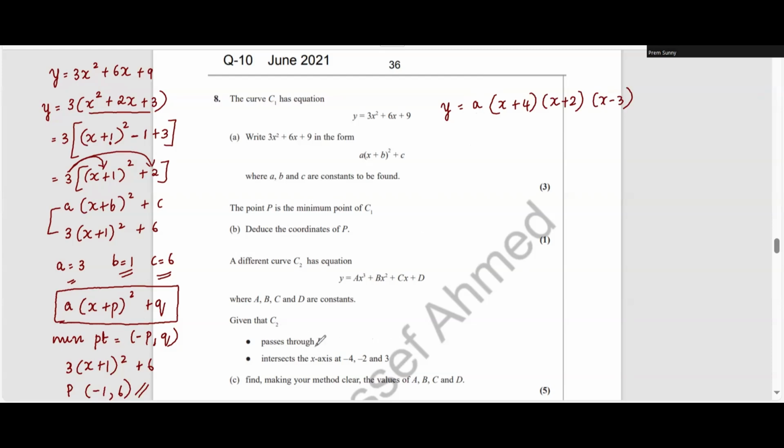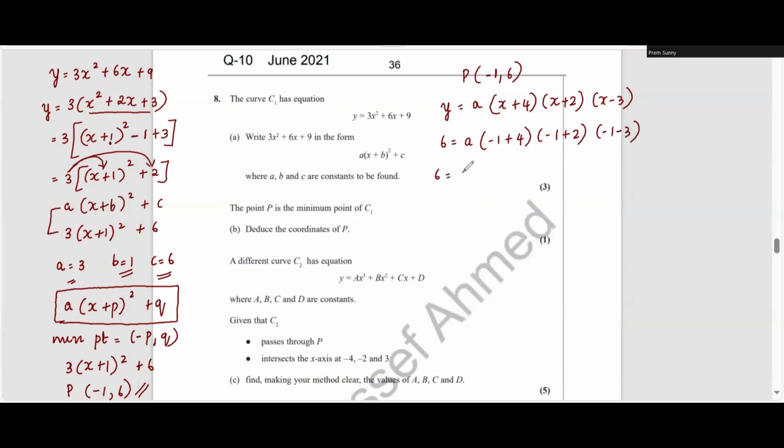For that, it's given that it passes through P. It passes through P, and we know P is -1, 6. So in this equation, we are going to replace the y value with 6 and the x value with -1. So 6 is equal to a into -1 plus 4 into -1 plus 2 into -1 minus 3.